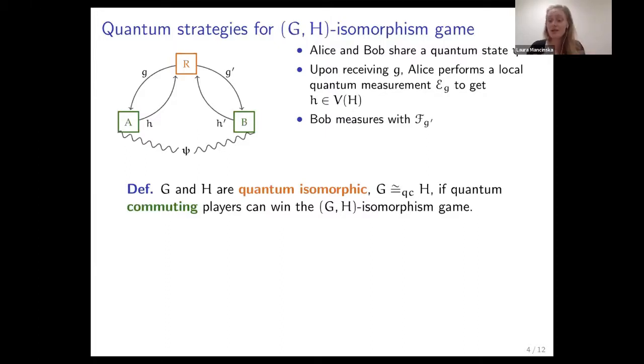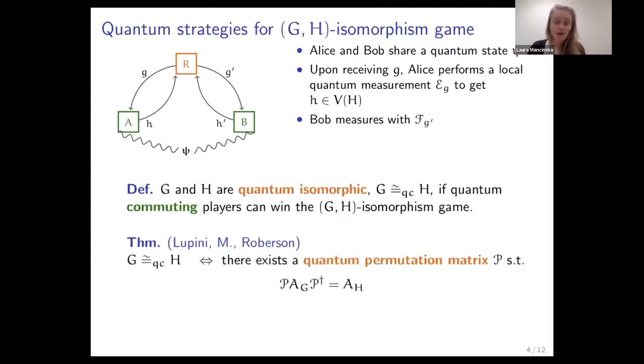Let me just give you a couple of facts about this quantum isomorphism. Now, despite this operational definition of quantum isomorphism, you can actually obtain what we refer to as a matrix-based characterization of quantum isomorphism that syntactically looks very similar to how we could express graph isomorphism in terms of the existence of a permutation matrix.